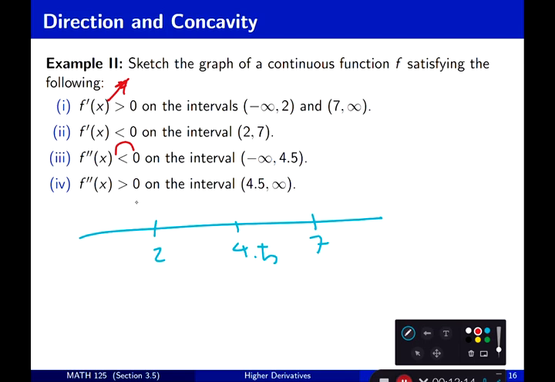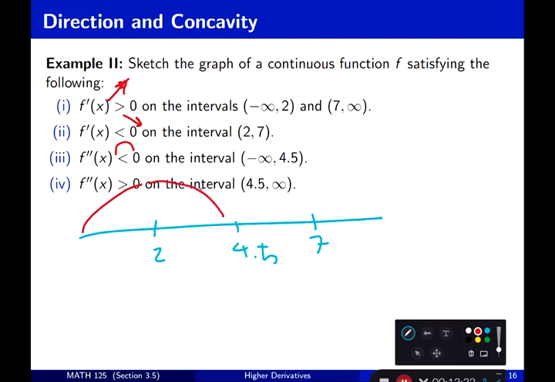And so in here we're going to get increasing, and concavity downward looks like that. And then between 2 and 4.5, it's going to be decreasing, but concavity is downward.